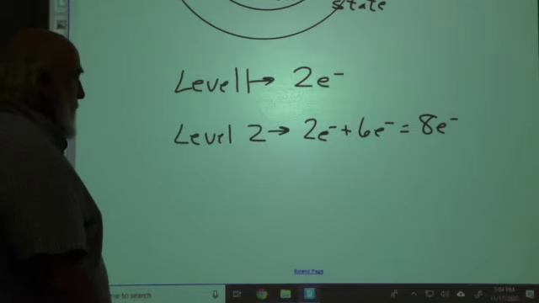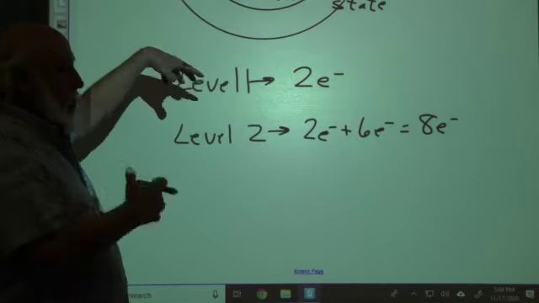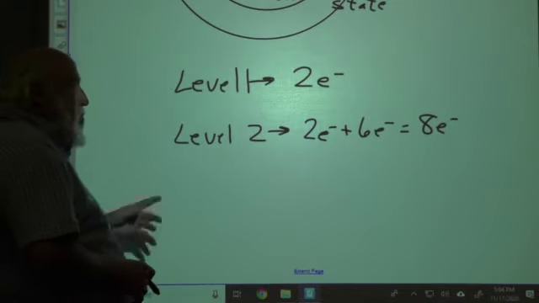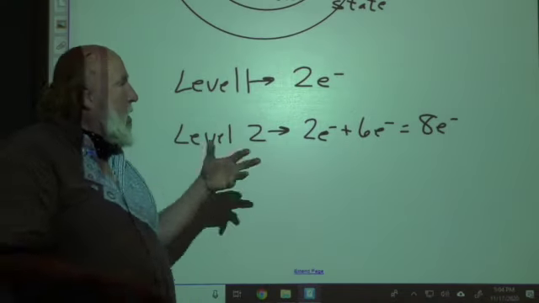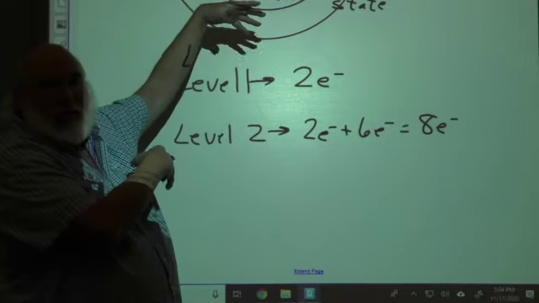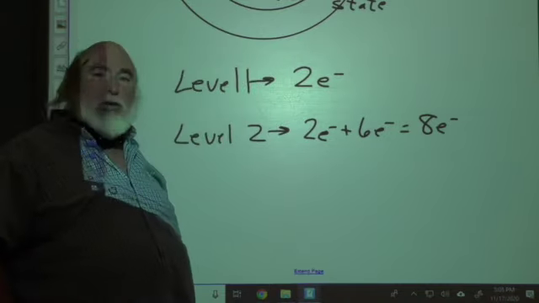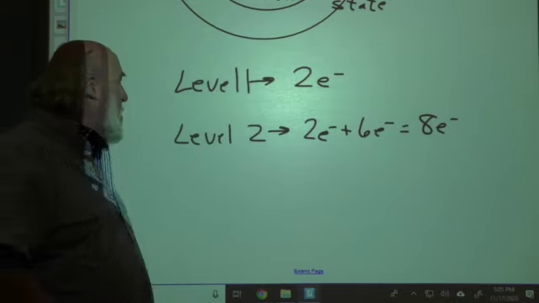Okay? Now that's pretty predictable. You look at the charts, and that makes sense. We're in good shape. You'll notice though, as I just described, every level you go past the first level, you can have more and more electrons depending on how far away you are.